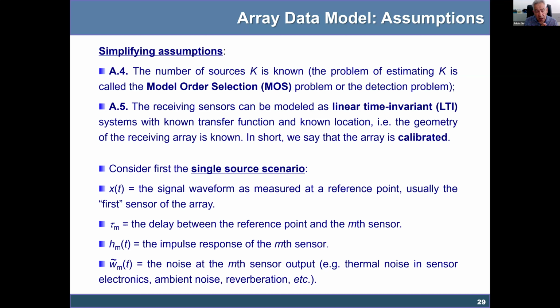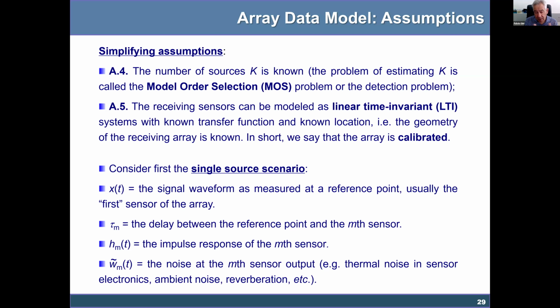Clearly, it is never known. The problem of estimating the number K of sources is called model order selection or detection problem. And I don't have time to talk about model order selection methods.